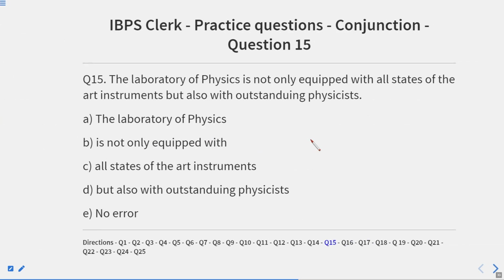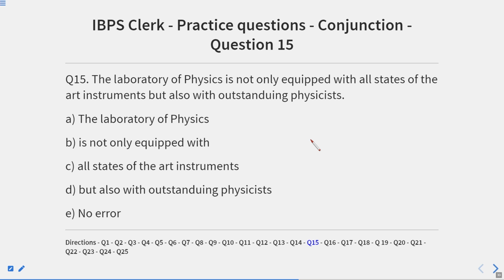Now let us move to the next one. The laboratory of physics is not only equipped with all state of the art instruments, but also with outstanding physicists. Now, as I have told you, the position matters in the case of not only but also, either or, and neither nor. Here not only is actually used with all the state of the art instruments, so the word equipped should precede the phrase not only.